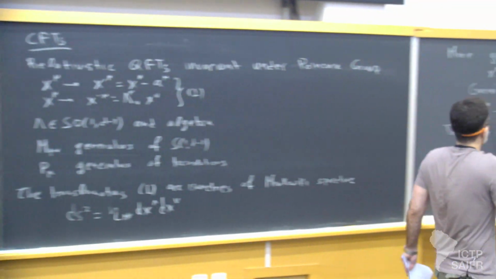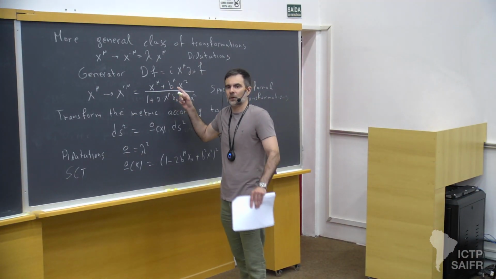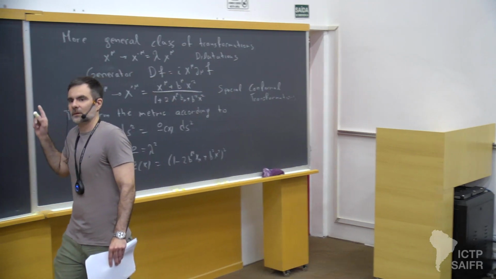Okay, so if you want to find what K mu does, expand this at linear order in b mu, and that will give you the generator K mu. Okay?